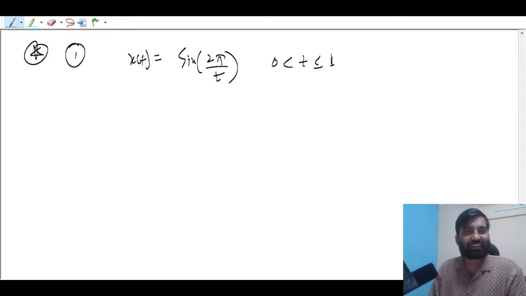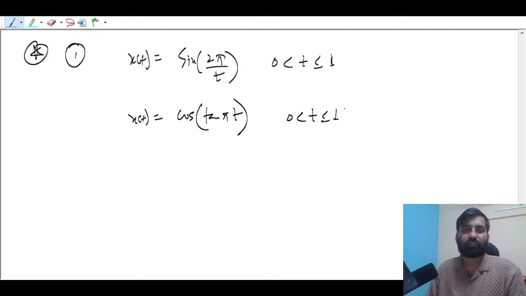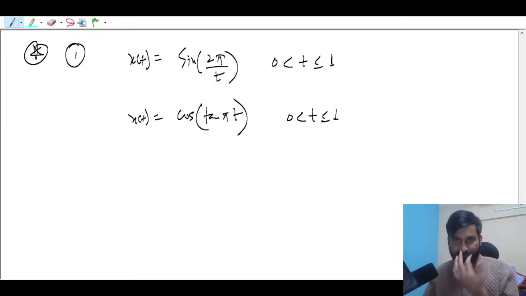Or you can say that x(t) is given as cosine 10 pi t, okay, and again this is nothing but 0 to 1. So they have infinite number of maxima and minima.